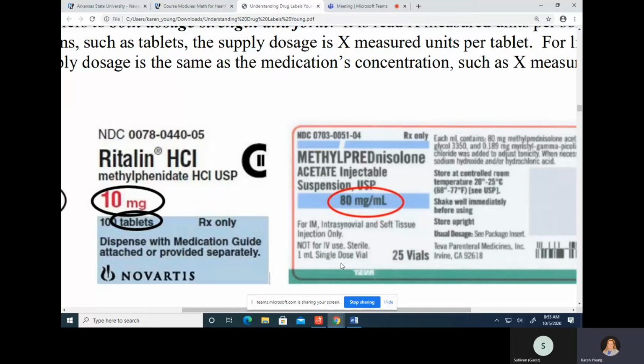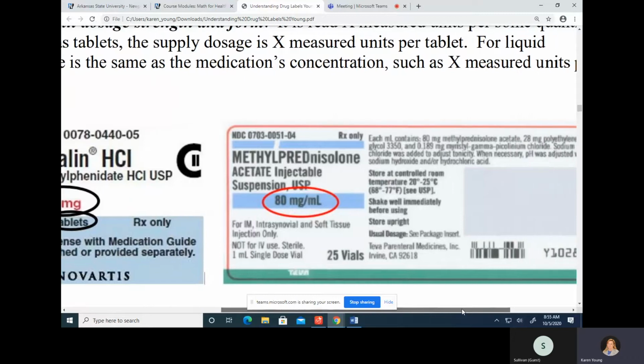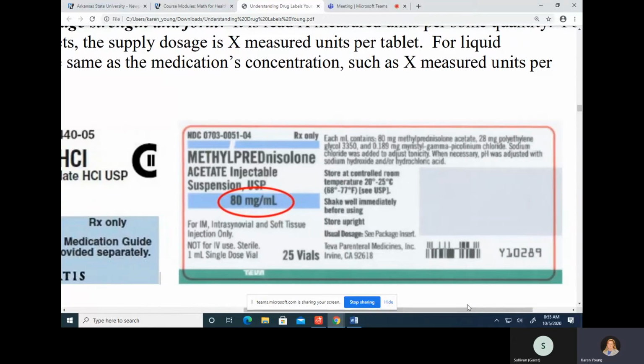So what's my dosage strength on this one? 80 milligrams. Supply dosage: 80 milligrams per milliliter. And this 25 vials means that in this package, it's a little bitty box, there's 25 vials of this medication.